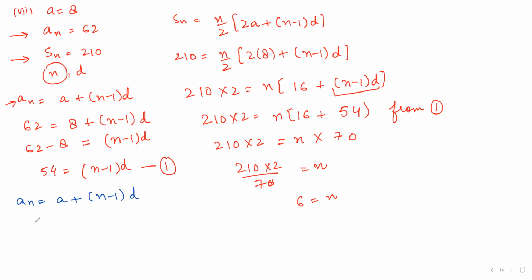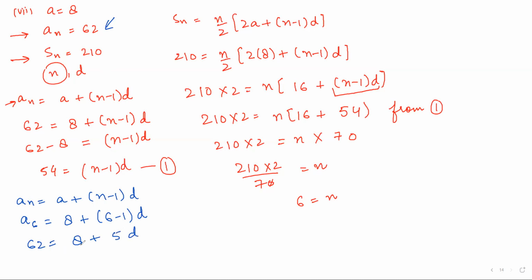So if I put a6 is equal to, okay, a I know, a is 8, plus n I know now, 6 minus 1 into d, I don't know. Now what is this a6? A6 is 62, isn't it? Because an is 62, n is 6, so a6 is 62, right? Yes, ma'am. 8 plus this is 5 into d.